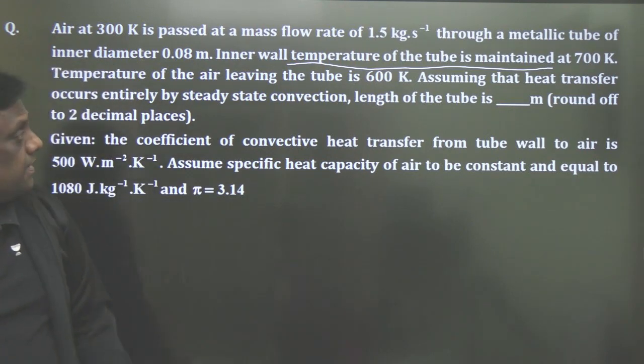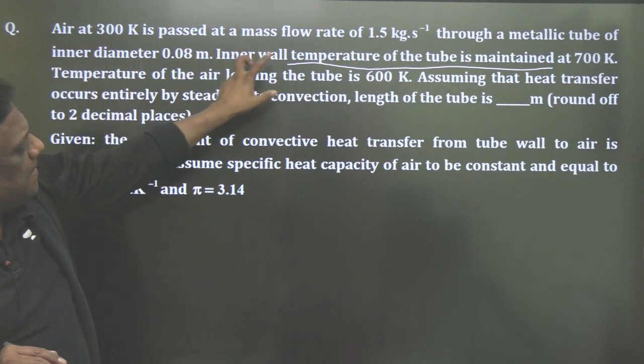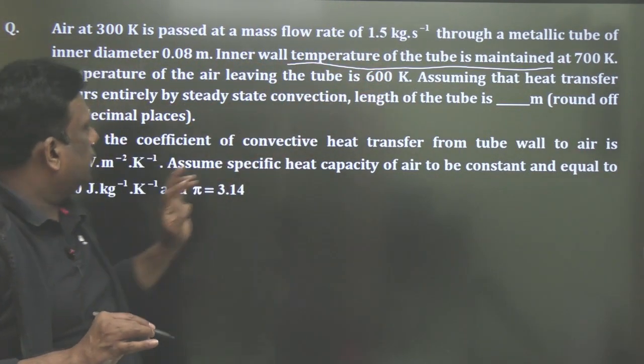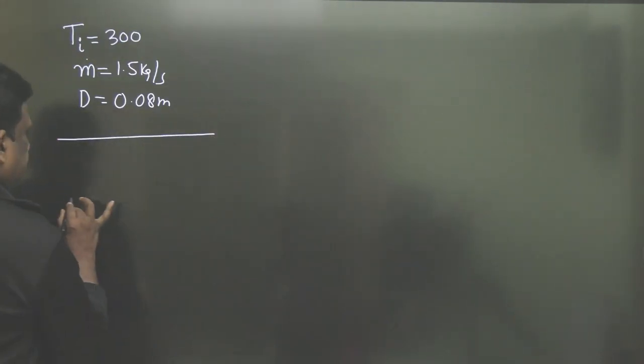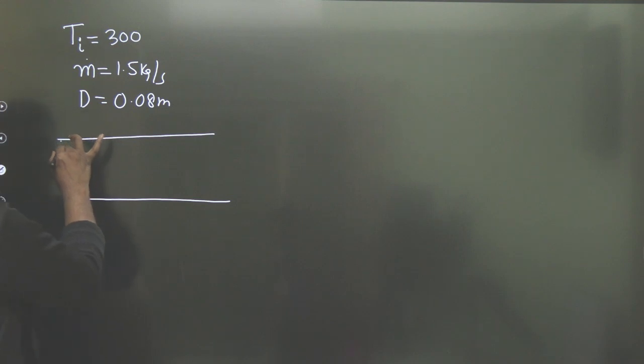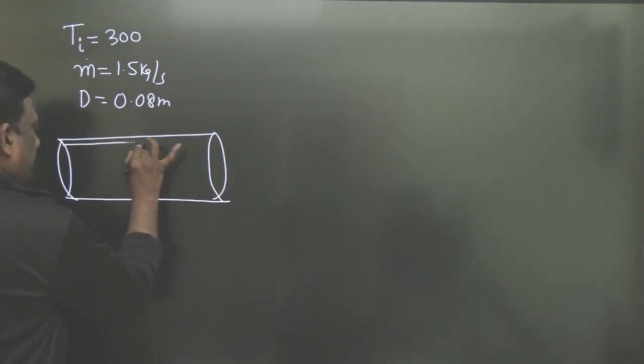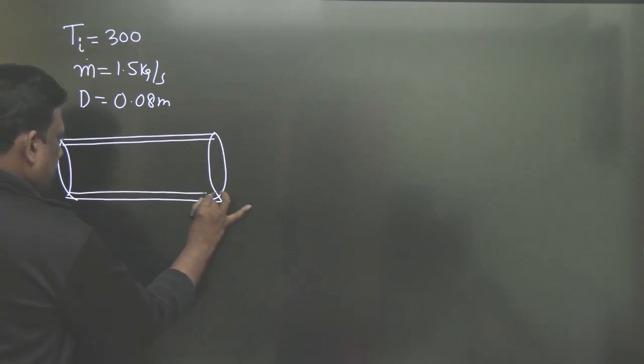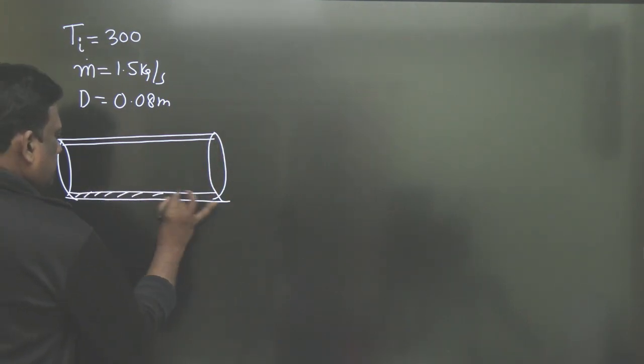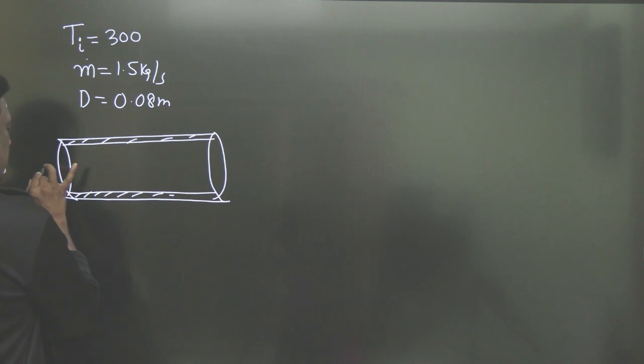It means, please listen carefully, air is passed through a metallic tube. Let me draw the figure. This is the tube, let this be the wall of the tube, and air is flowing through this.